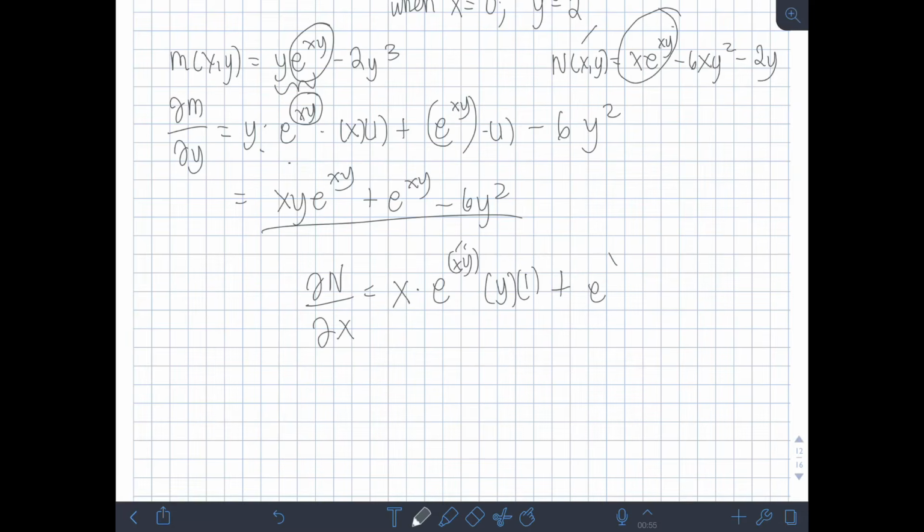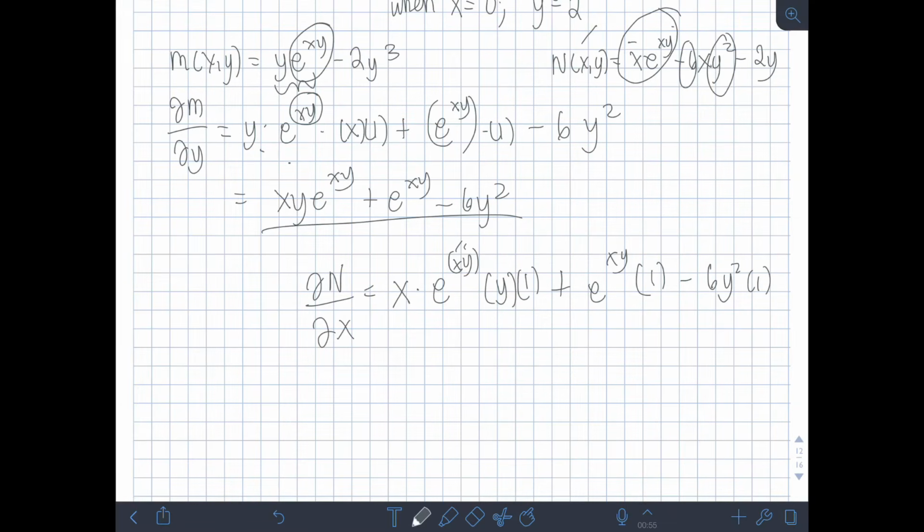Plus, copy e raised to xy multiplied by the derivative of the first function x, which is just 1. Minus, for 6xy squared, the y squared and 6 are constant, so 6y squared, and the derivative of x is just 1.